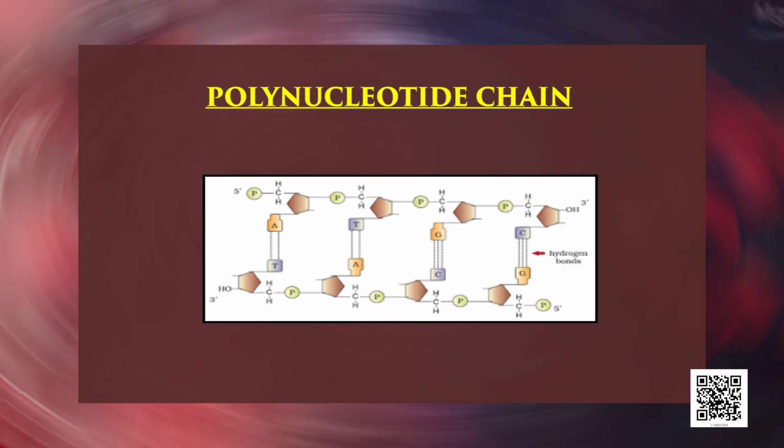DNA is a long double chain of deoxyribonucleotides which consist of nitrogenous base, pentose sugar and phosphate. DNA contains adenine, thymine, cytosine and guanine nitrogen bases. Uracil is absent in DNA.